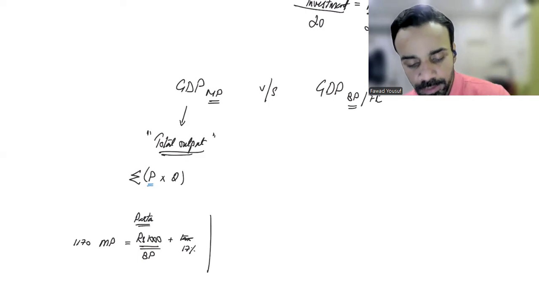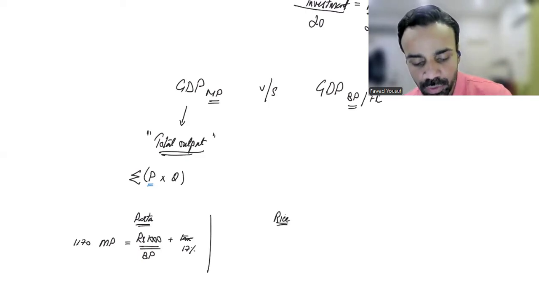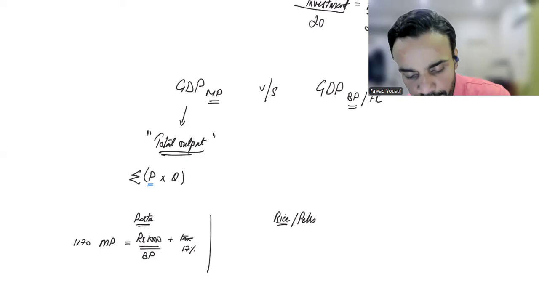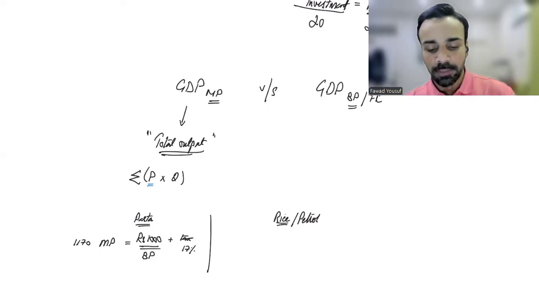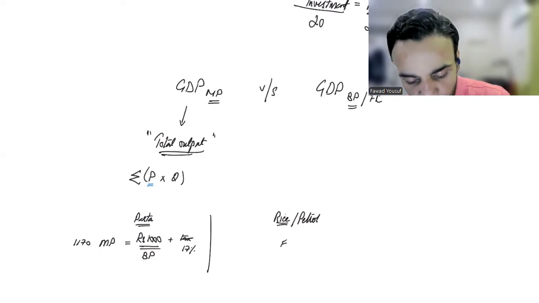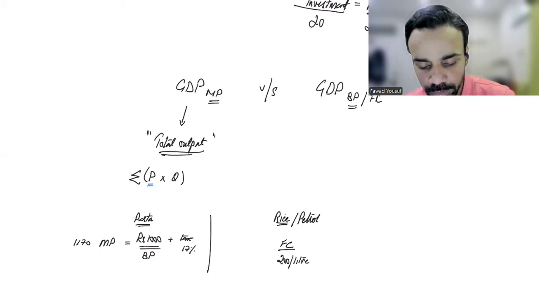But imagine if I'm selling rice or let's say petrol, and the extraction and buying and factor cost के ऊपर the petrol costs somewhere around 200 rupees per liter.